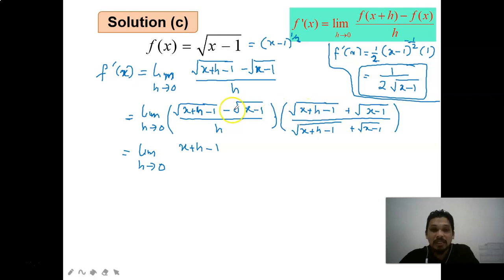Then negative multiplied with negative, negative multiplied with positive, negative, and square root of x minus 1 multiplied with square root of x minus 1, x minus 1, and divided by h multiplied with square root of x plus h minus 1 plus square root of x minus 1.